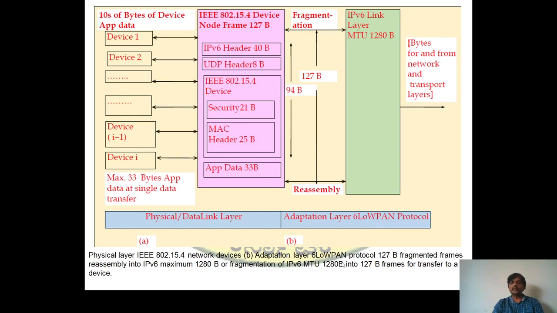Adaptation layer 6LoWPAN protocol: 127 bytes fragmented frames reassemble into IP version 6 maximum 1280 bytes, or fragmentation of IP version 6 MTU 1280 bytes into 127 bytes frames for transfer to the device. 1280 bytes into 127 bytes frames, that is fragmentation, and the reverse, that is reassembly.